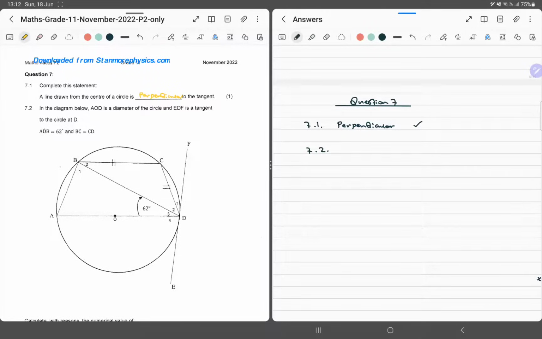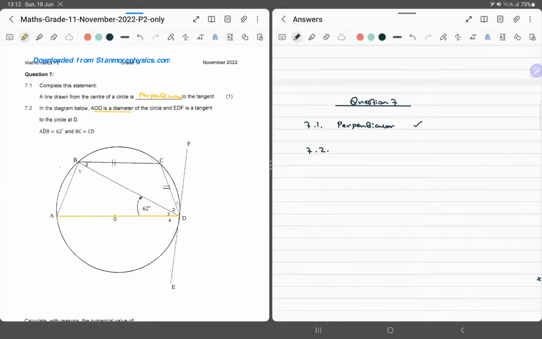So 7.2 says, in the diagram below, AOD is a diameter of the circle. So let's first isolate where that AOD is. There is our AOD, with that center right there.